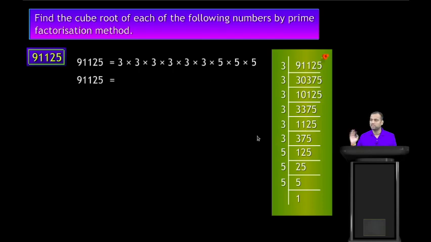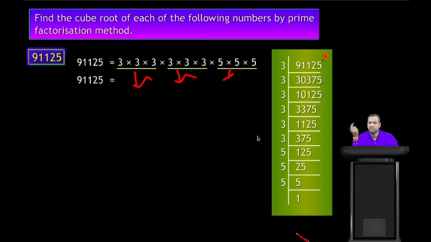Okay, and how many pairs can you get? Yes, it is one pair of 3, then 3, then again 5. So how many pairs do we have? 1, 2, and 3.